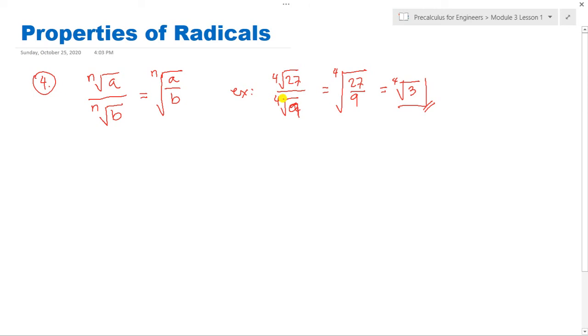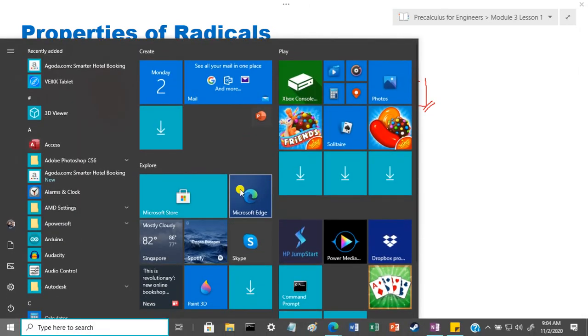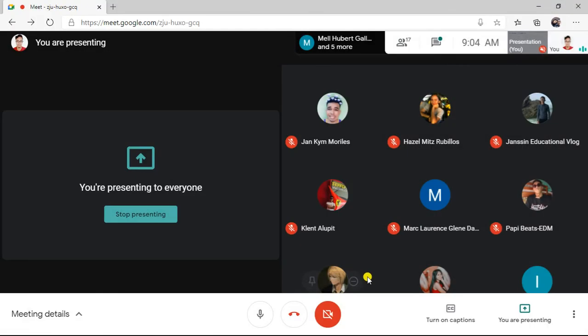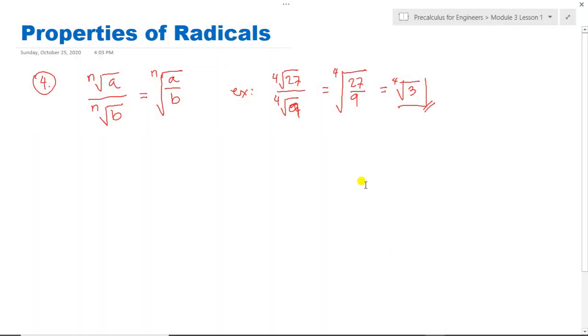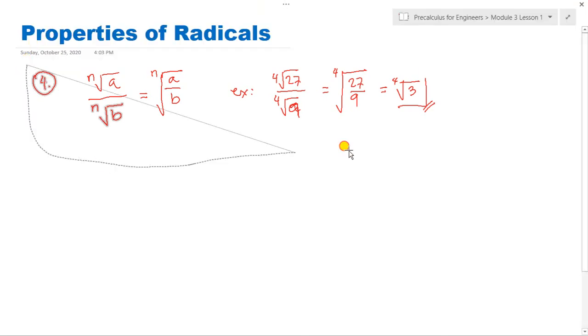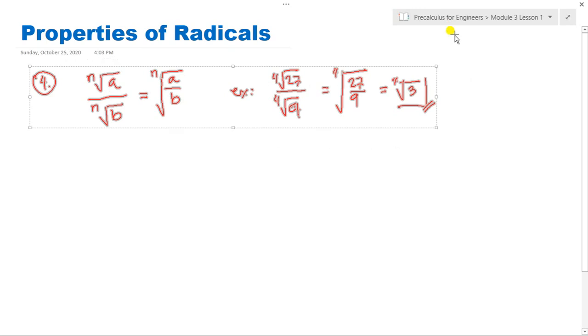But kung may mga case na ganun, tas if they are going to require you to simplify it, then you can use my previous technique on how to combine two radical expressions with different exponents. So ganun lang yung technique na yun. Then again class, hindi mo pwede ma-combine kapag iba yung index nila. So this is our fourth rule, the rule of division.